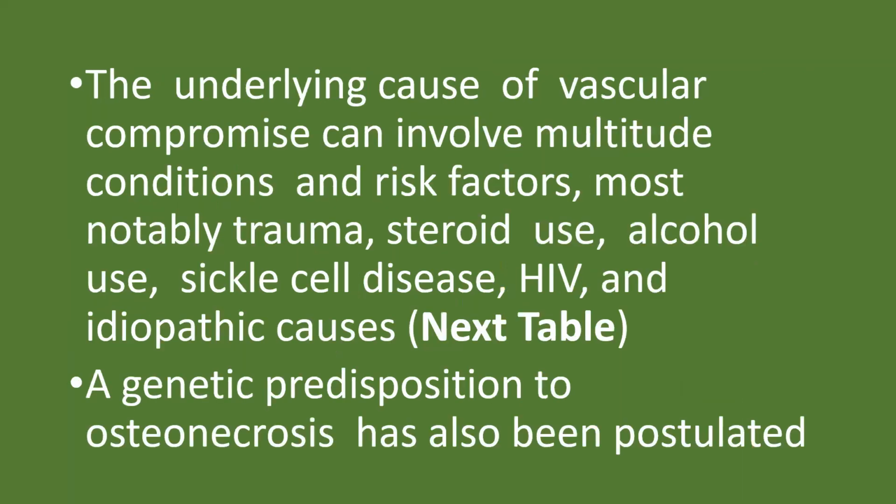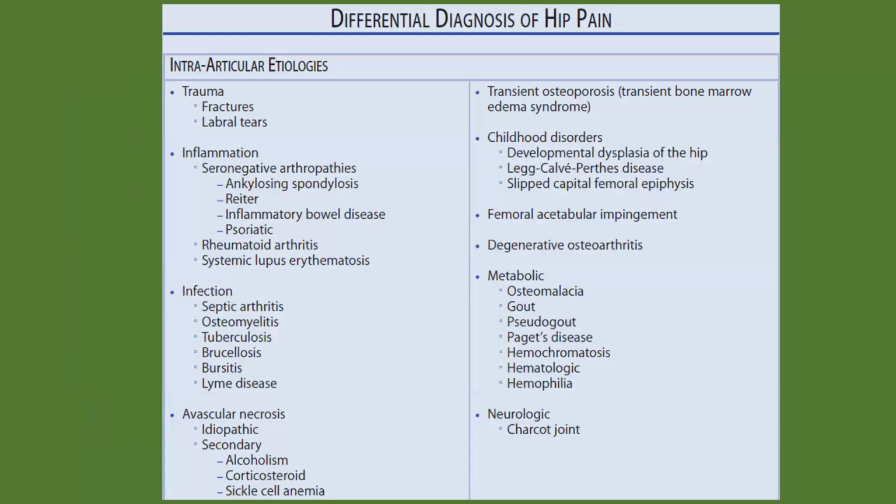The underlying cause of vascular compromise can involve multiple factors, most notably trauma, steroid use, alcohol use, sickle cell disease, AIDS, and idiopathic causes. A genetic predisposition to osteonecrosis has also been postulated.